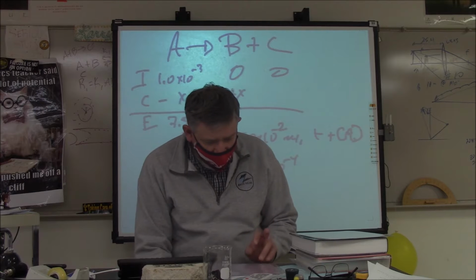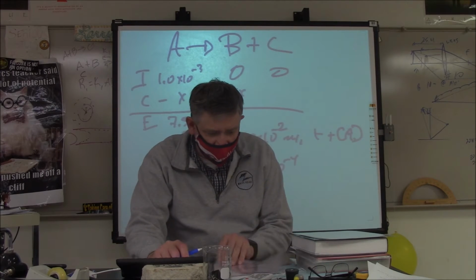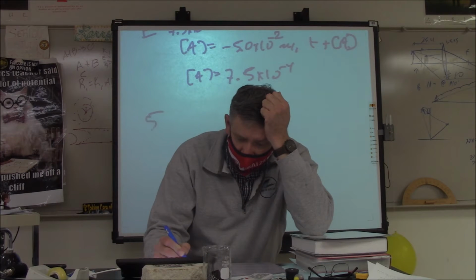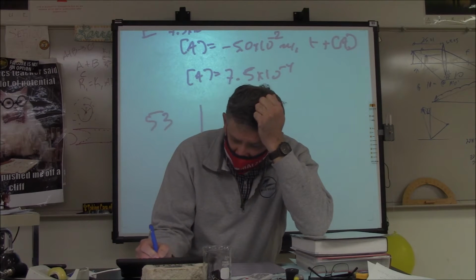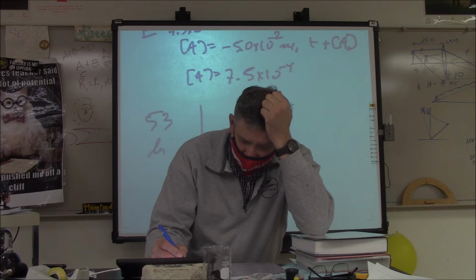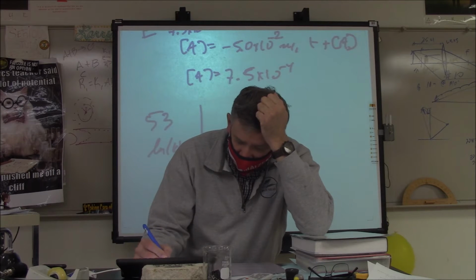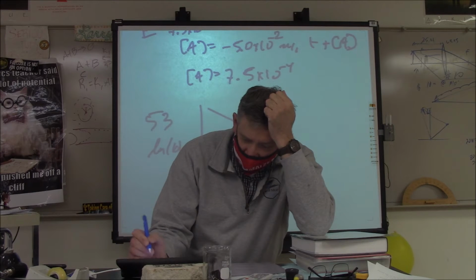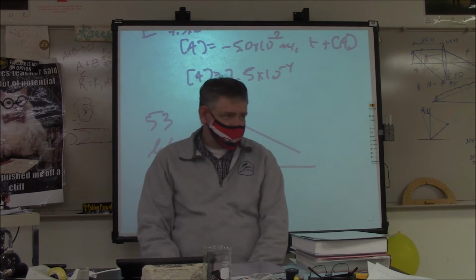On the question where you're given the data on 53, your graph should look something like this, where you have the natural log of k and you have 1 over temperature in Kelvin, and it should be kind of a linear function like that.